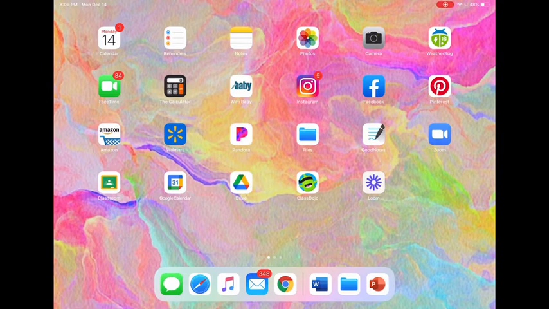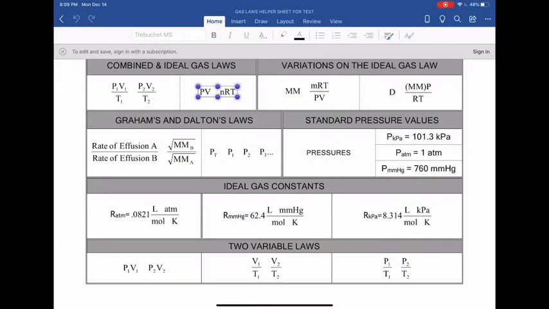So on your formula sheet, you see the ideal gas constants right here, maybe, if you can see where I'm touching. But beneath that, you'll see that you have 3 boxes of ideal gas constants. So take just a second to look at those. The first one says R ATM equals 0.0821.